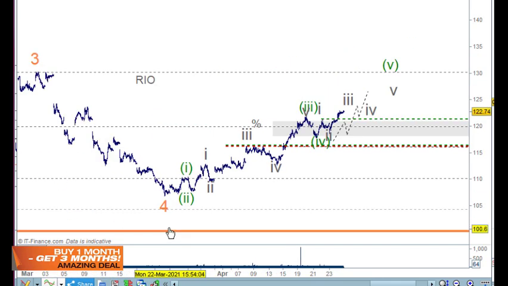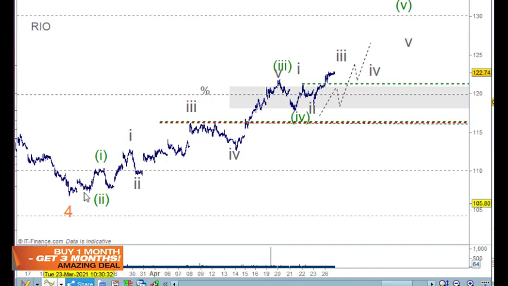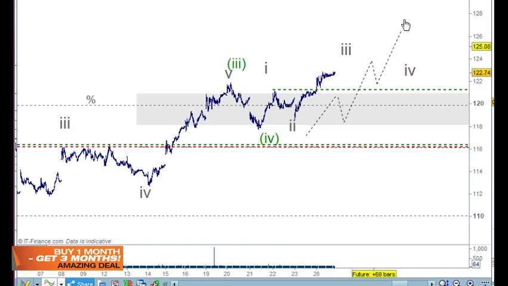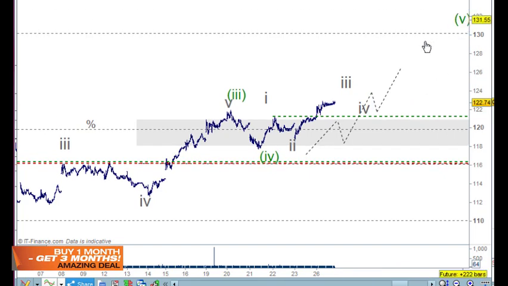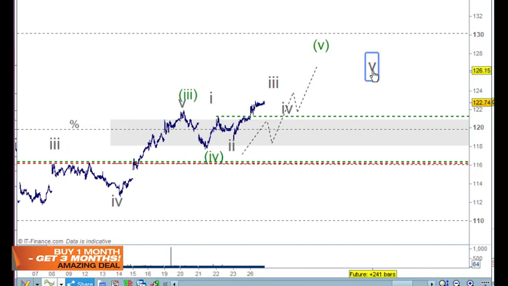But from the low here, we're looking at 1 and 2 here, and then 1 and 2 and 3 and 4 and 5 here for the 3rd wave, back for the 4th wave, and we're going up for the 5th wave here as 1 and 2 here. We've got this little 3rd wave happening here. Then there'll be a 4th wave, and then there'll be a 5th wave. So we'll be further up here yet. So 128, 130 for that little sequence anyway.